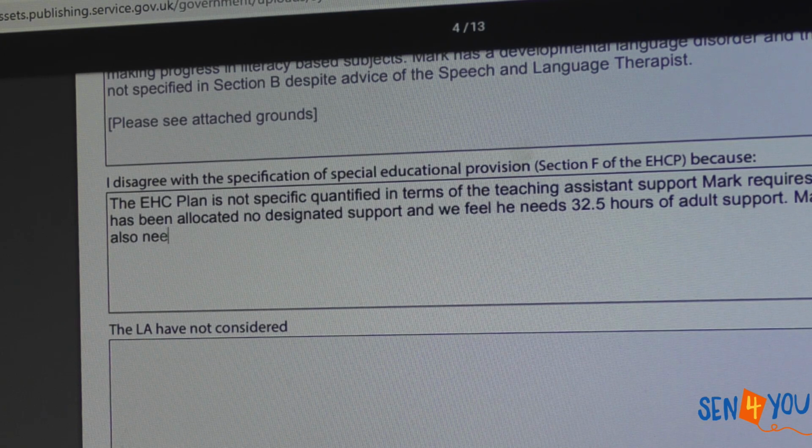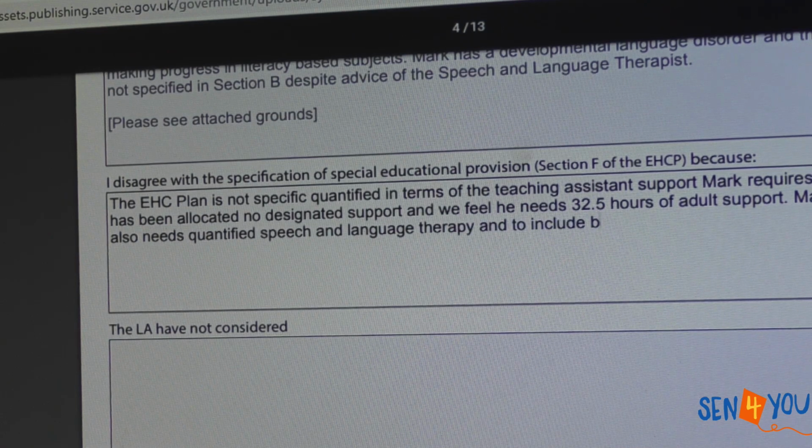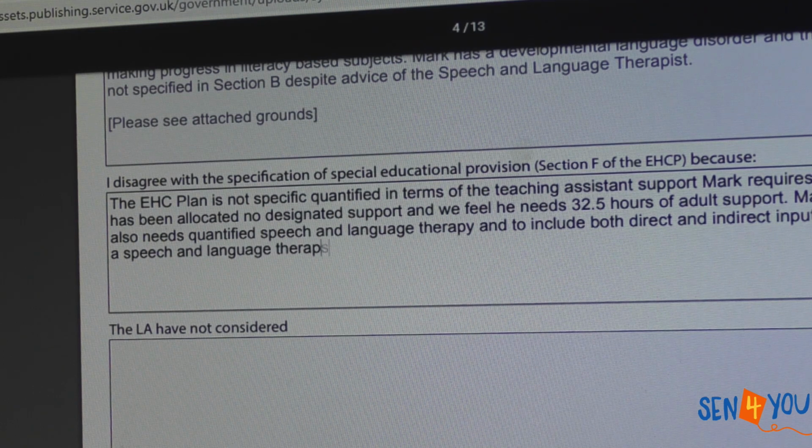Mark also needs quantified speech and language therapy, and to include both direct and indirect input from a speech and language therapist. That's it.